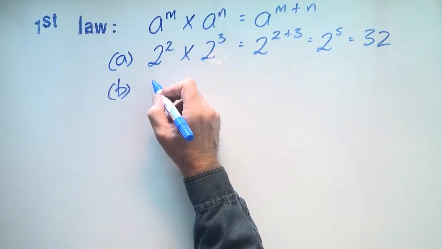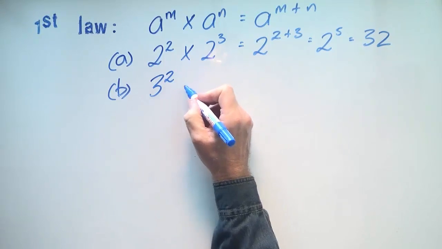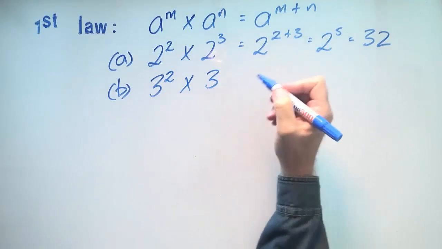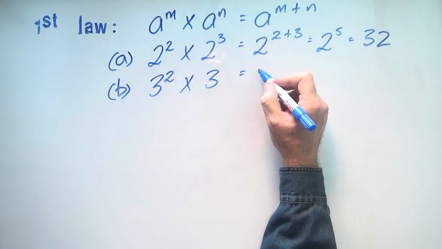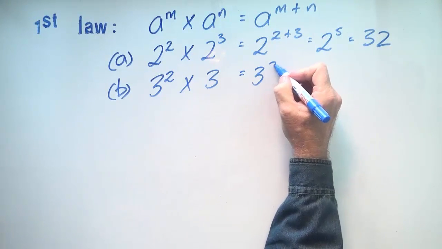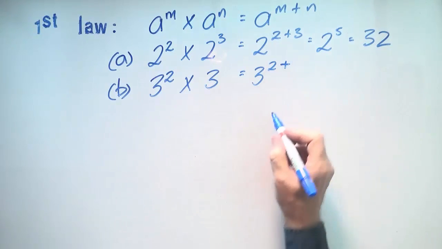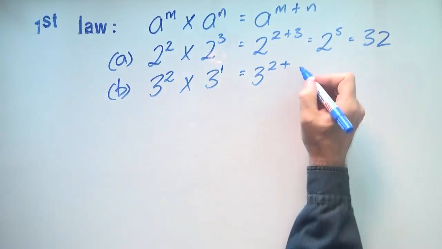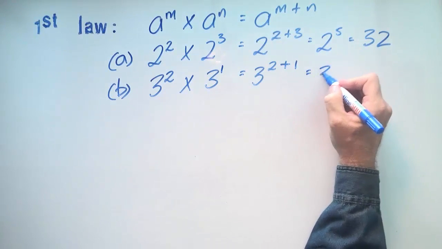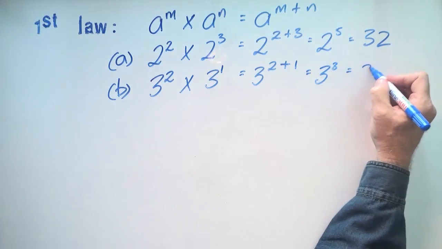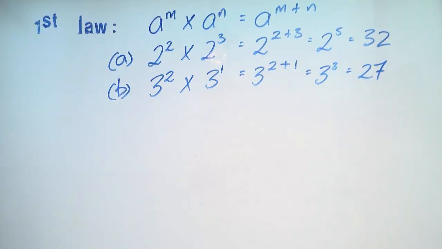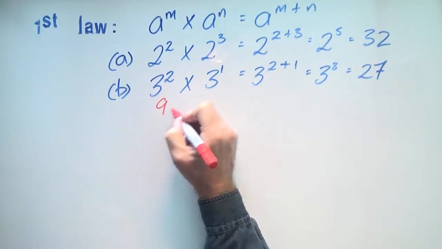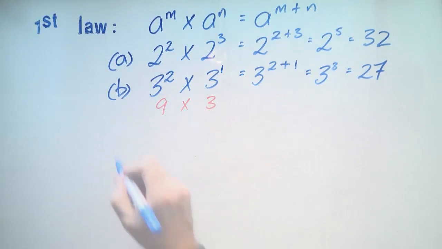And for another example, I'll use 3 squared by 3. And this would equal 3 to the 2 plus, this 3 in fact has a 1 there. So this is 3 plus 1 equals 3 cubed equals 27. If I were to follow the order of operations, then this would be 9 by 3.